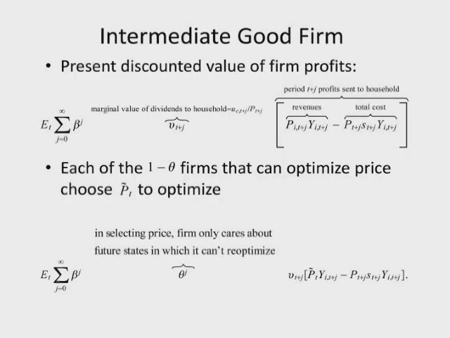So here is the objective of the firms. This is their time t plus j profits. This is their costs. Notice there's no i in this cost, because of the linearity of their production function, the marginal cost for every single firm is independent of how much stuff it's producing. There's no i in there anywhere.